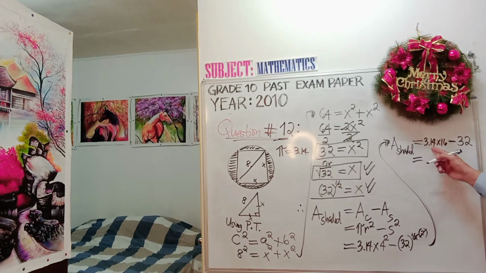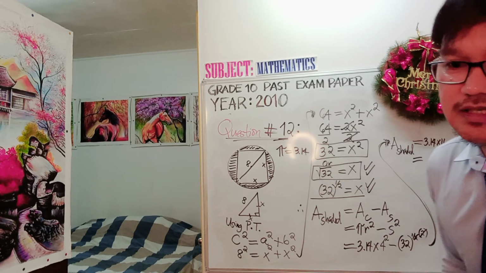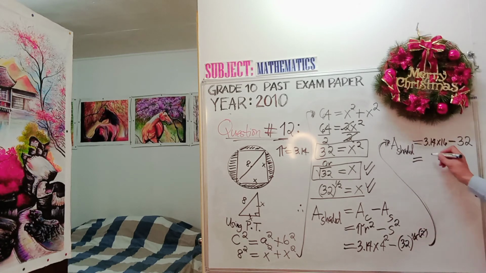Let's multiply 3.14 times 16. 3.14 times 16 is equal to 50.24 minus 32, the area of the square.